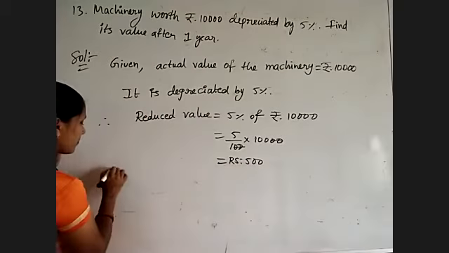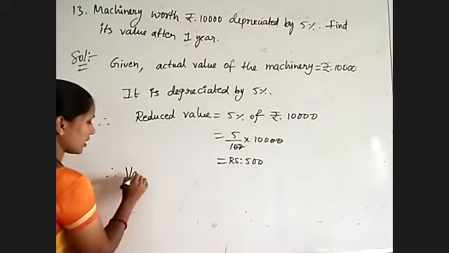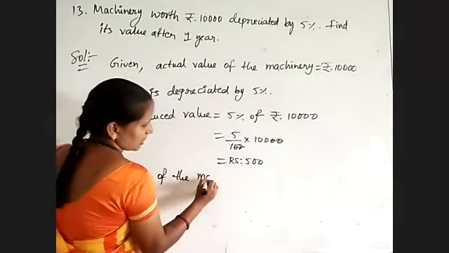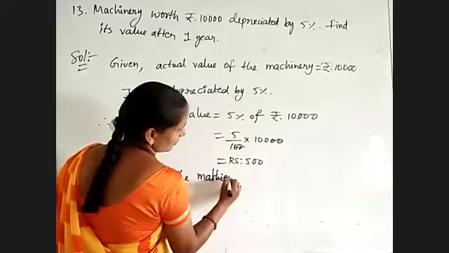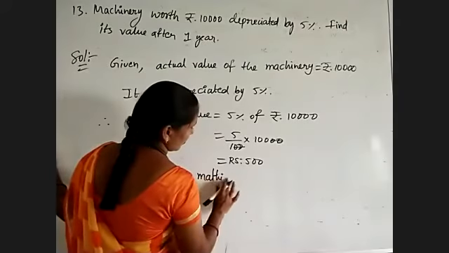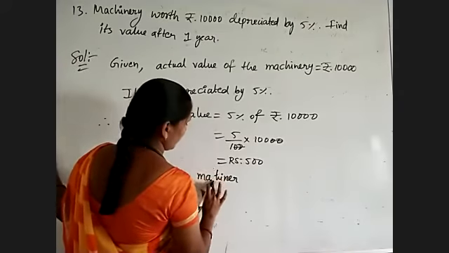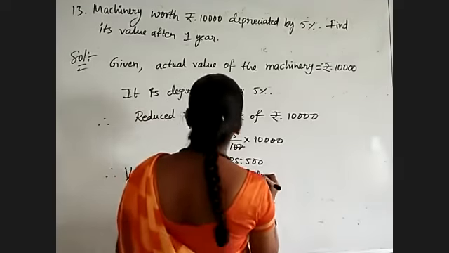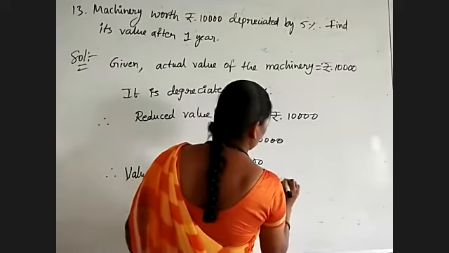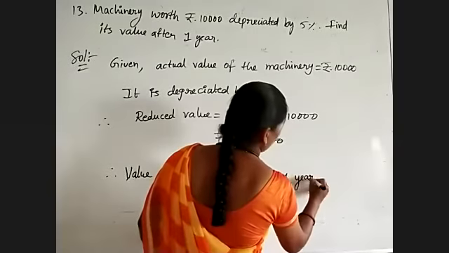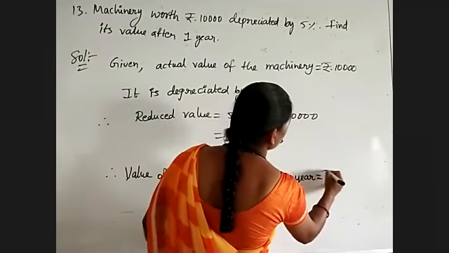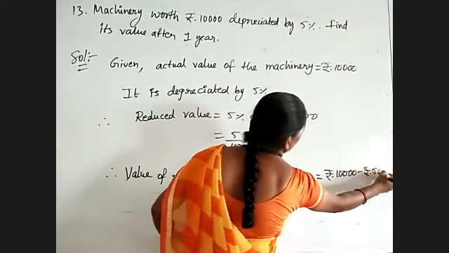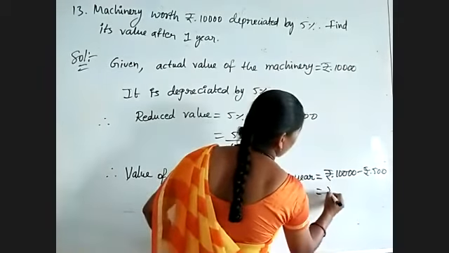So therefore, value of the machinery after 1 year is equal to 10,000 minus 500 rupees, which will be equal to 9,500 rupees.